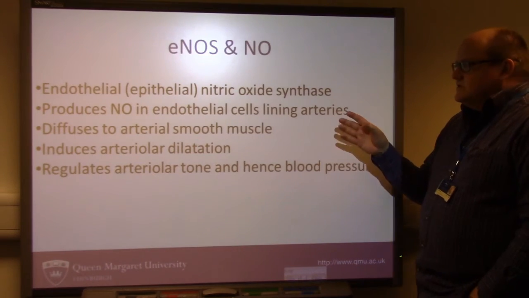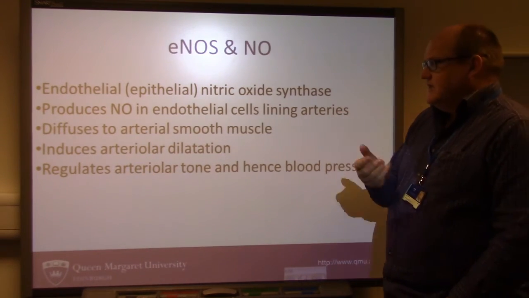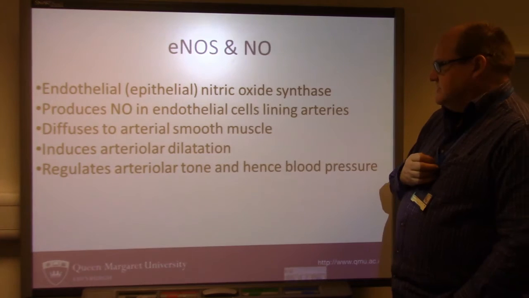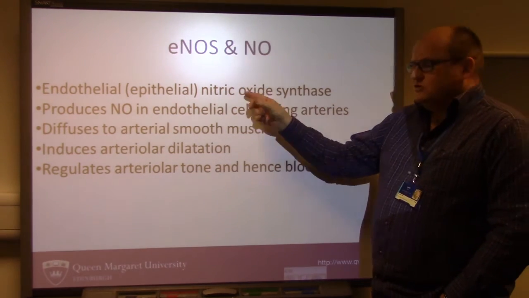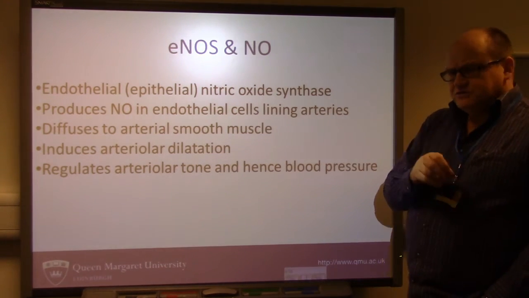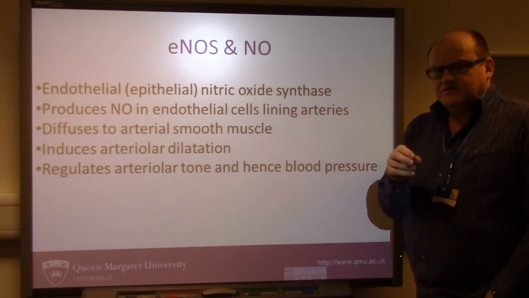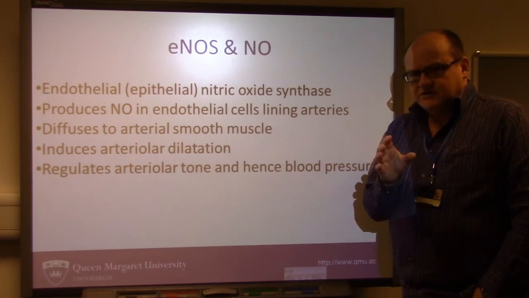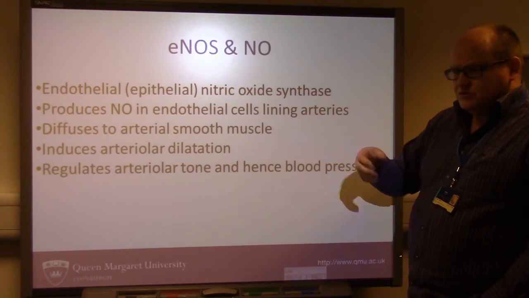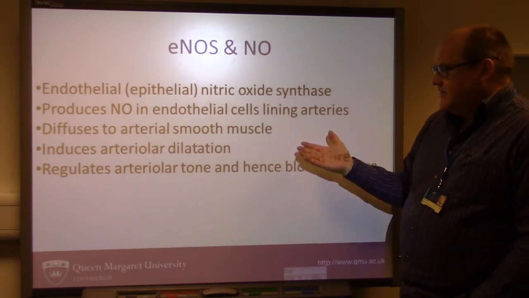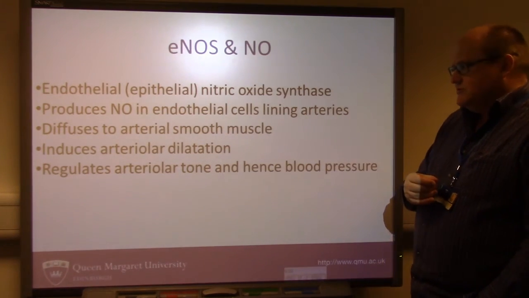Now eNOS is called E because it's the endothelial nitric oxide synthase. And that's the one that's responsible for producing the nitric oxide in the endothelial cells that line the arterial wall, so the smooth muscle cells. So it gets produced in the endothelial cells and then diffuses to the smooth muscle cells.